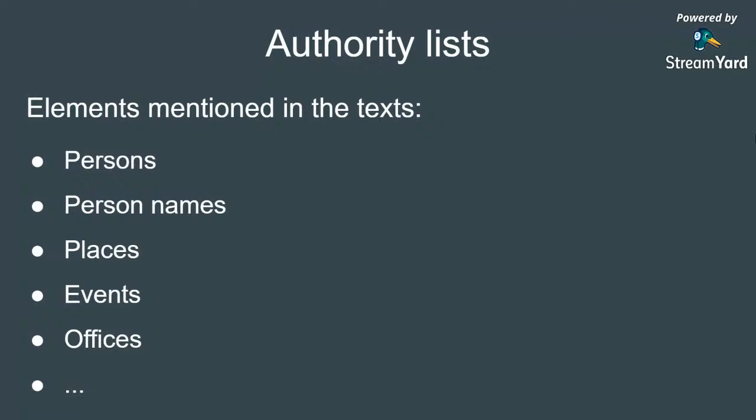Authority lists are also used to index elements mentioned within the text, so within the edition. And we can have, in that case, person names, like an onomastic authority list, or also places, events, offices, and you go on as you please.